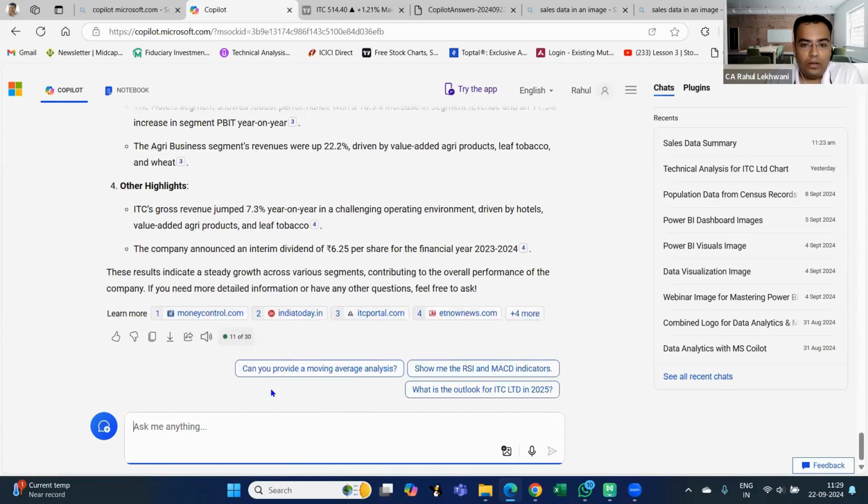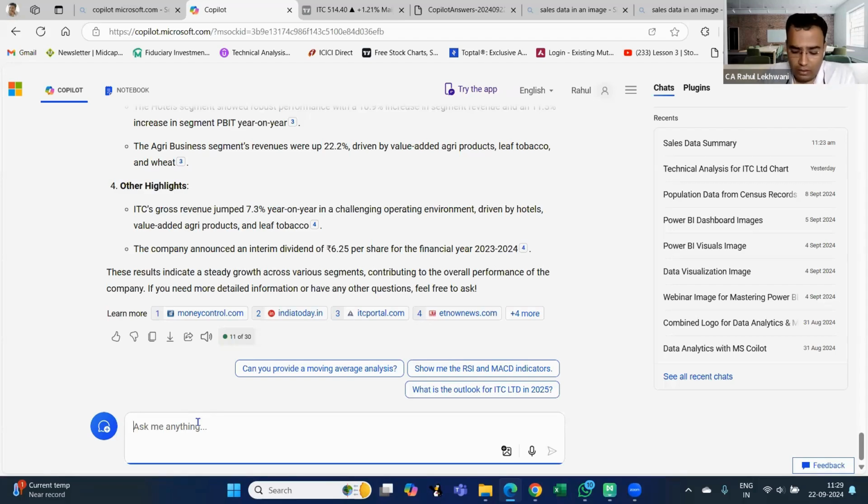Now, let me give you one more perspective. For example, you have invested in ITC, but at the same time, you are interested in investing in one more FMCG company, for example HUL, Hindustan Unilever. So Hindustan Unilever and ITC are competitors, right?